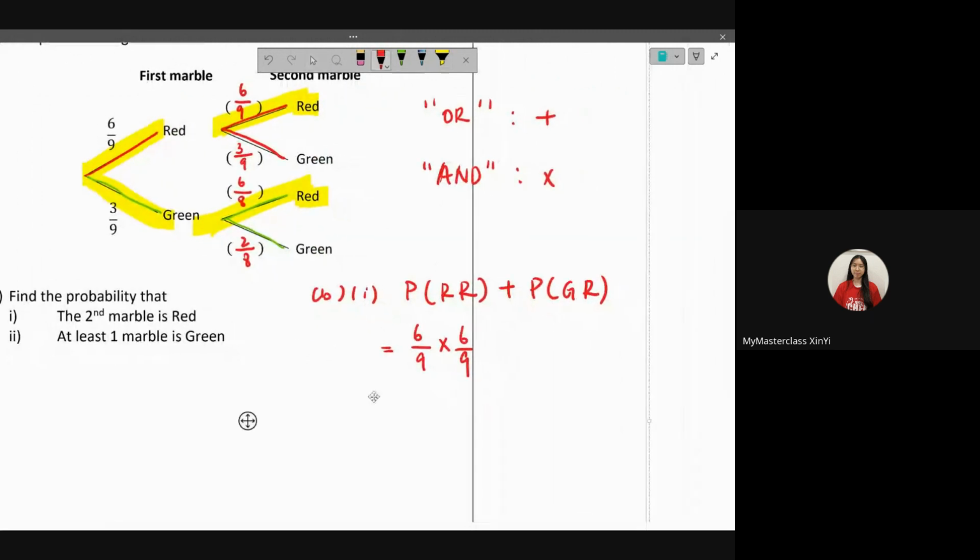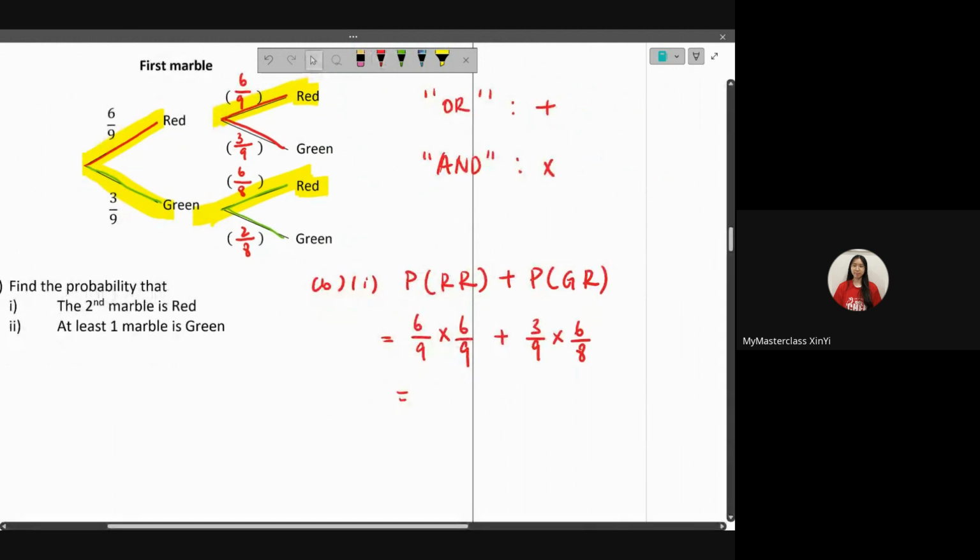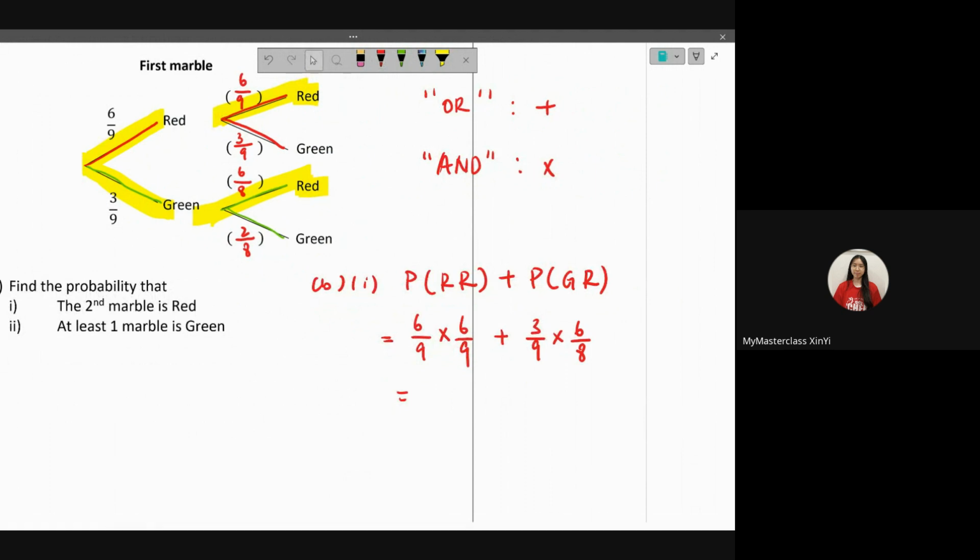Then or the event that the first one is green and the second one is red: 3 over 9 multiplied by 6 over 8. Then just press this into your calculator, and you're going to get 25 over 36.